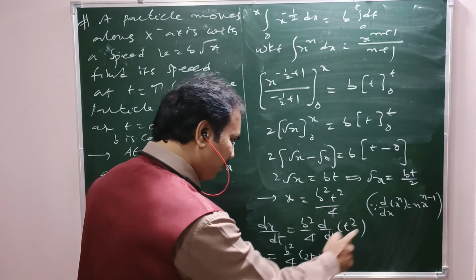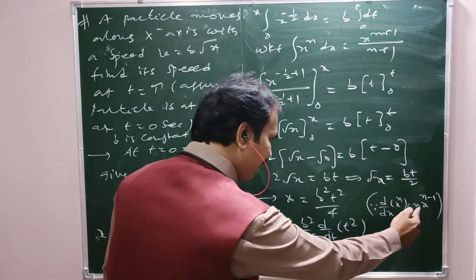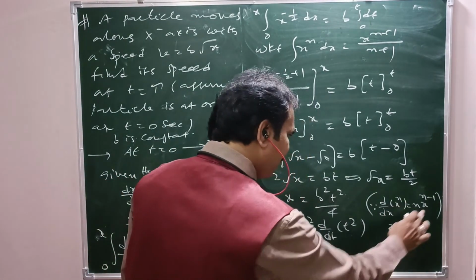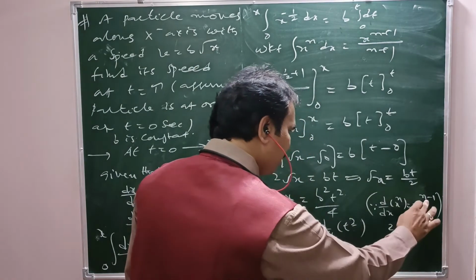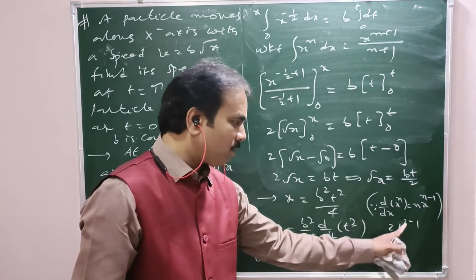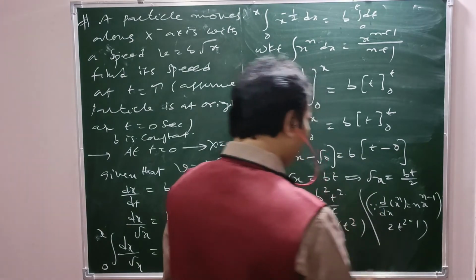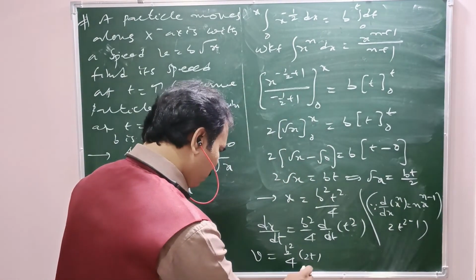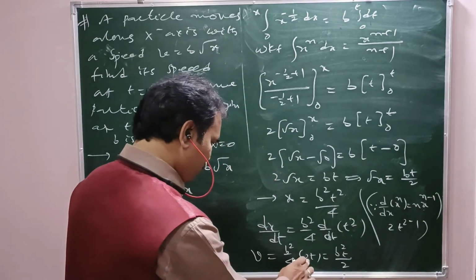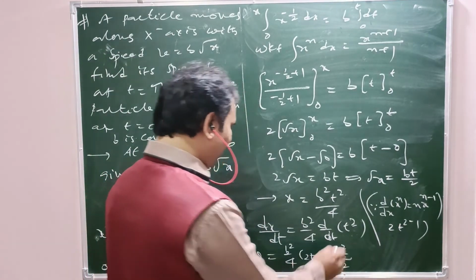So d by dt of t square equals 2 into t power 2 minus 1, which is 2t. That gives b square into 2t by 4, and 2 by 4 means 1 by 2. So v equals b square t by 2. This is the expression for speed.